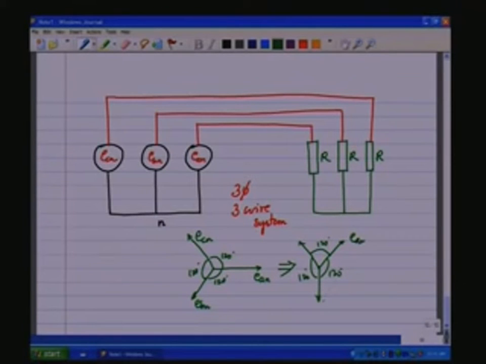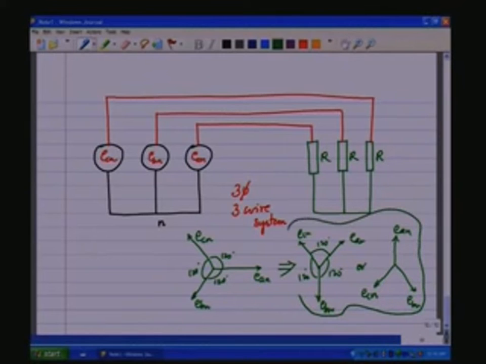So, you have E A N, E B N, E C N, or you can also write it in this form, E A N, E B N, E C N, all 120 degrees out of phase. So, in the literature you will see that they use these two ways of writing the phasor diagrams for the 3-phase circuits.